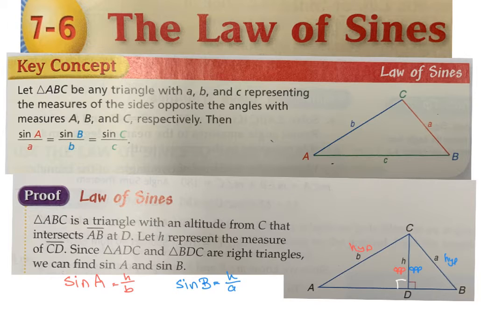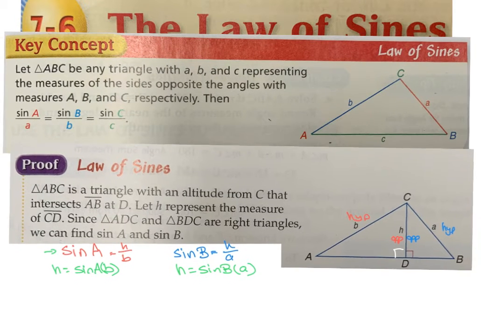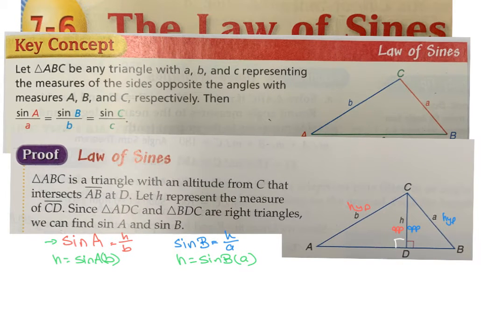And so when I solve for h over here, I get that h equals sine of A times b. And when I solve for h over here, I get that sine of B times a equals h. I'm going to move this up a little. If they both equal h, then they equal each other.